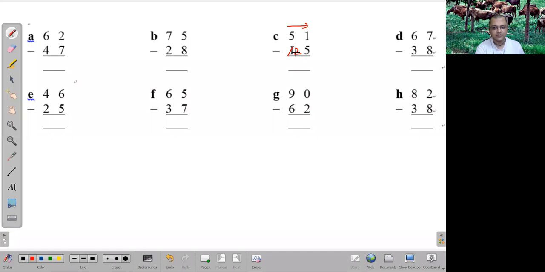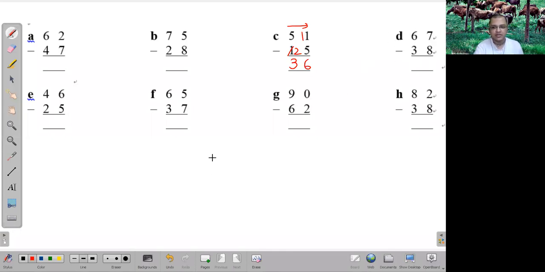Then this also goes here. Then 5 minus 2 is 3. And 11 minus 5 is 6. So the answer is 36. Okay, everyone is clear with this approach? Answer 36. Yes, Prabhuji.